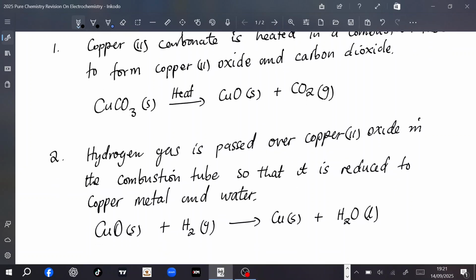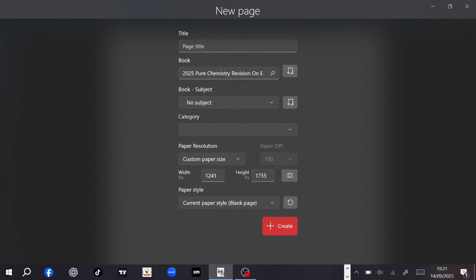Then this is the description, right? Then you can draw the diagram. Let me see if I can draw the diagram. Here, let me open a new page, an empty page. Okay, yeah. So the diagram that you can draw is a combustion tube like this. This is a combustion tube.